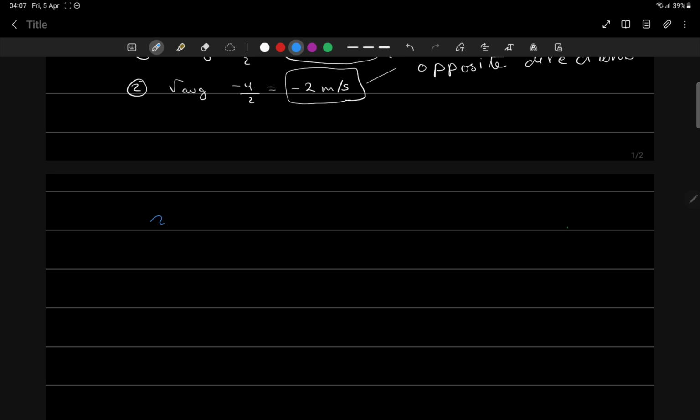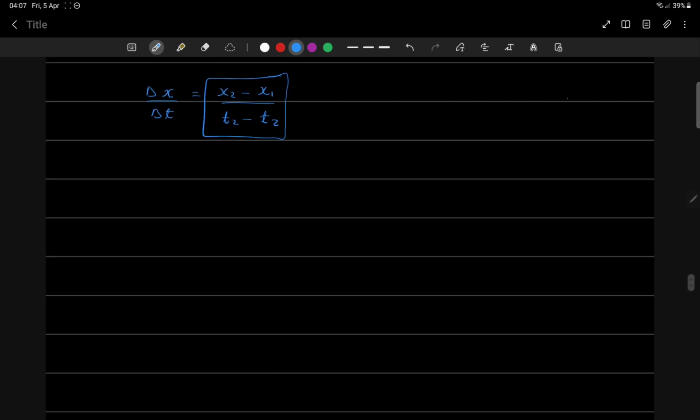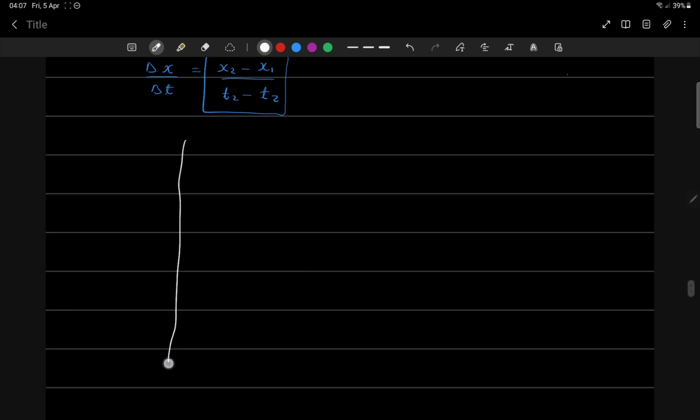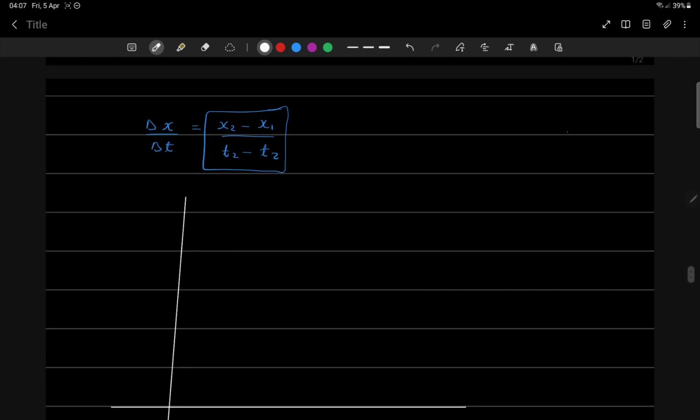Now, taking average velocity to be delta x by delta t, where delta x equals x2 minus x1, and delta t equals t2 minus t1, this looks very much like the rule of the slope of a straight line. So if I'm going to represent this motion in a graph, we know that slope is y2 minus y1 over x2 minus x1.